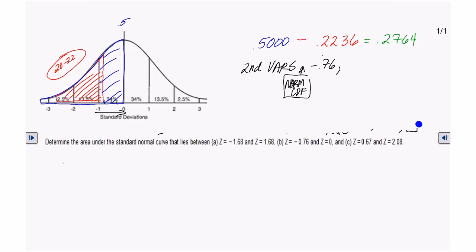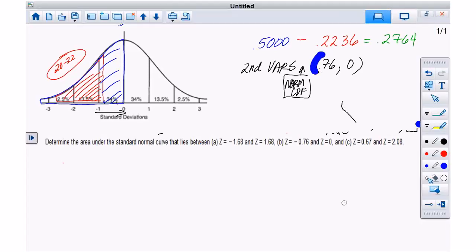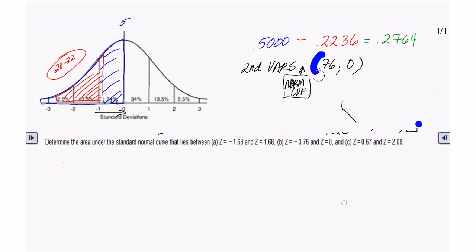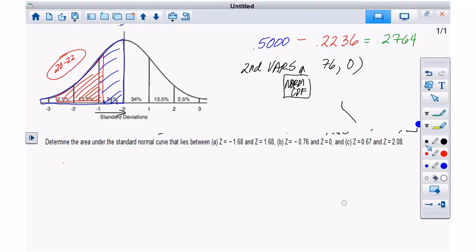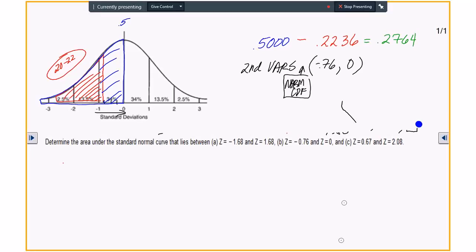And then negative 0.76, comma, 0. The reason I do the left to right is because that's the way I'm used to doing it in the calculator. This upper and lower limit that y'all have, I'm not used to that. That's the way you're normally supposed to put it in there. You read from left to right, and you put the lower limit, then the upper limit. But some of your calculators have the upper limit on top, so you put what's on the right. You just read from left to right.